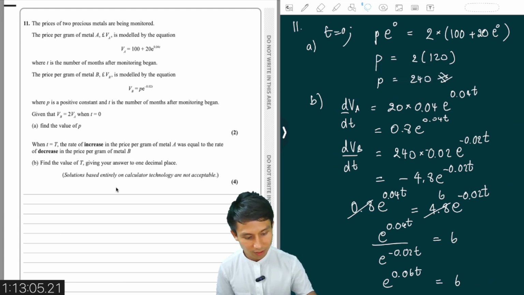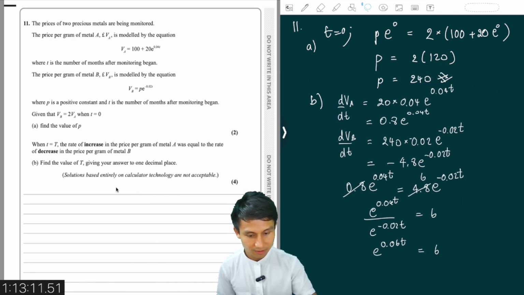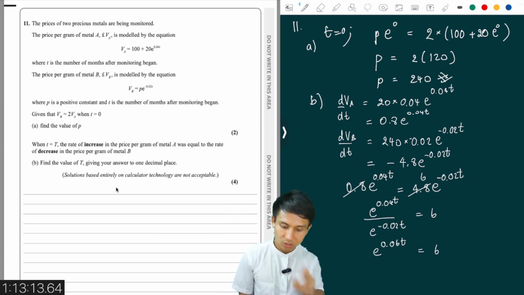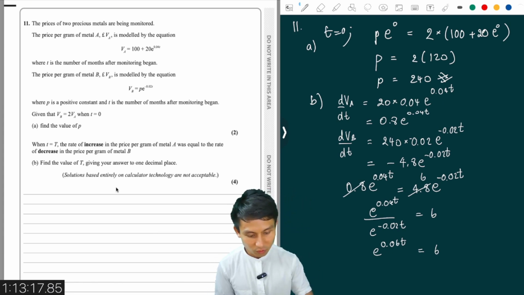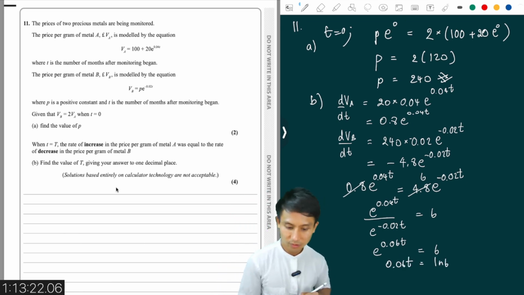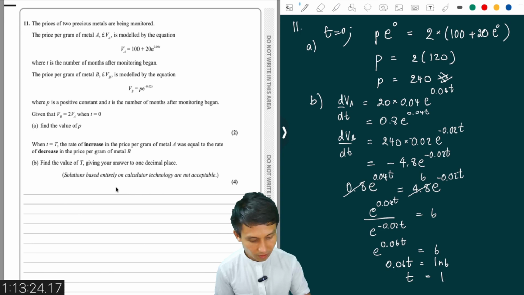Let me shrink down again, because moving to another page will be a little harder for you to see. We can solve for t to 1 decimal place. So 0.06t equals ln 6 first, and then t will be ln 6 divided by 0.06.